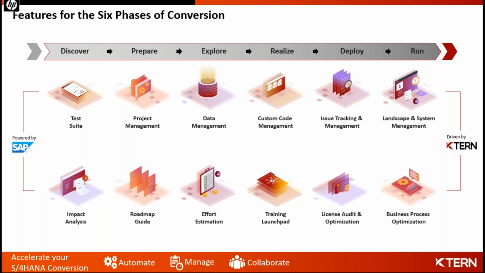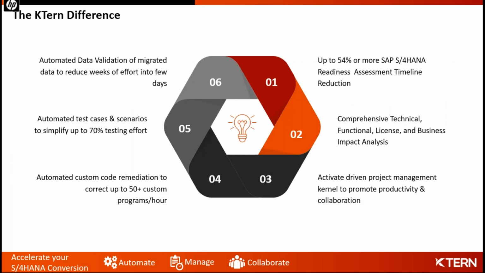And the training launchpad, by looking at the usage of transactions in your system, identifying what training is required for each group of end users, and also providing that training information. So this is in all the modules of KTern, but for this webinar, we are concentrating on the assessment, which is the first step into this journey of conversion to S4.